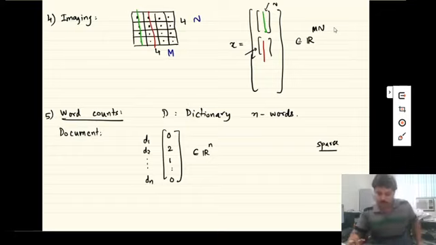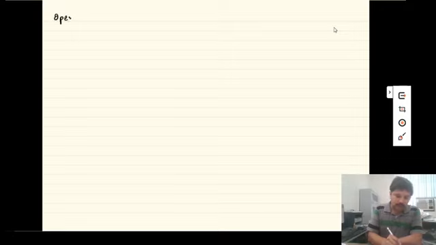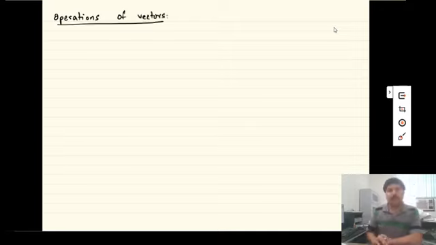So now what we will do is we will move on to the second important concept relating vectors, that is operations of vectors. Okay, so after understanding what is a vector, notations, special vectors and some examples of vectors, we want to understand important operations of vectors.